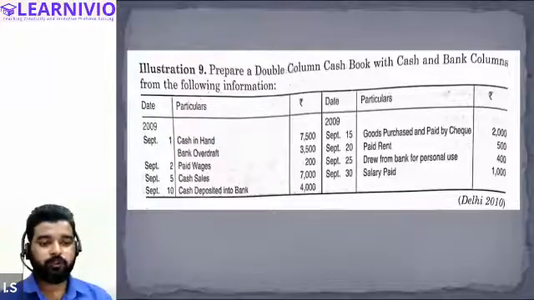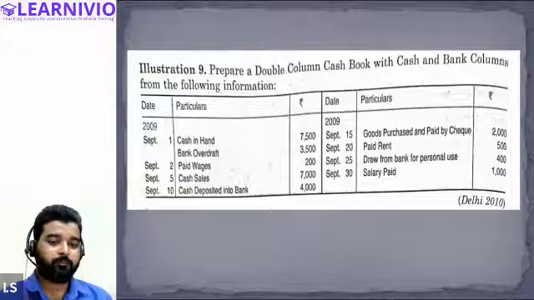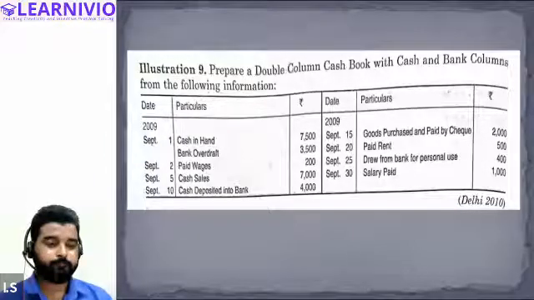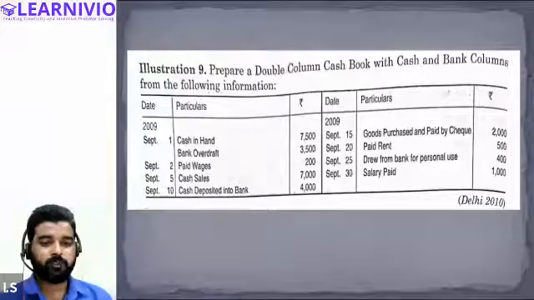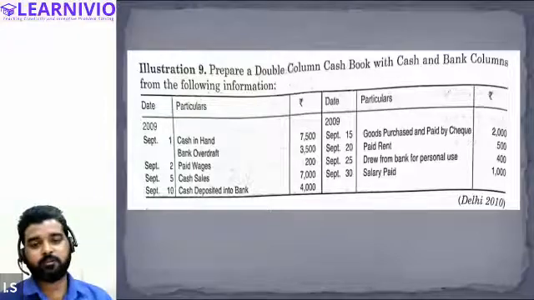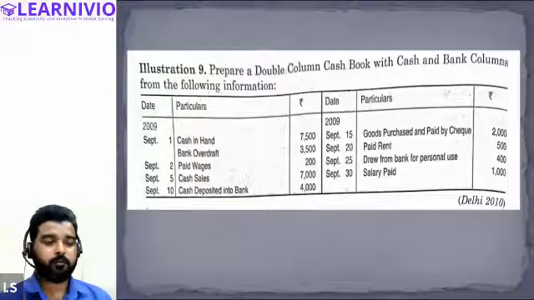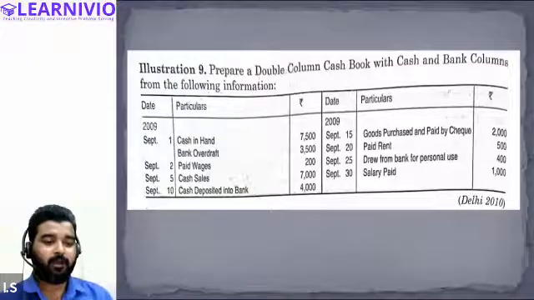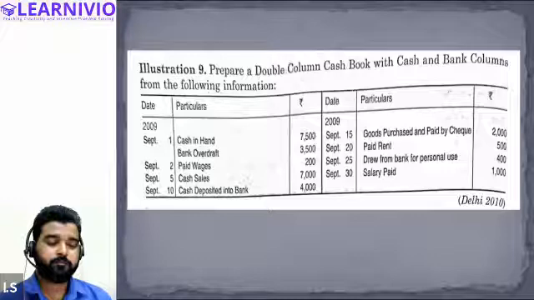Sorry, can you tell me what balancing figures you are getting? Peer, what is the balancing figure of this question? Balancing figure as in the balance value of cash and the balance of bank? Yes, sir.